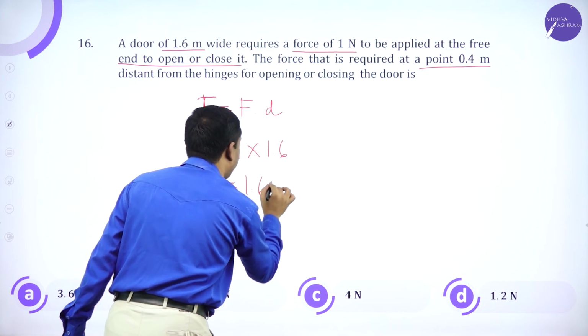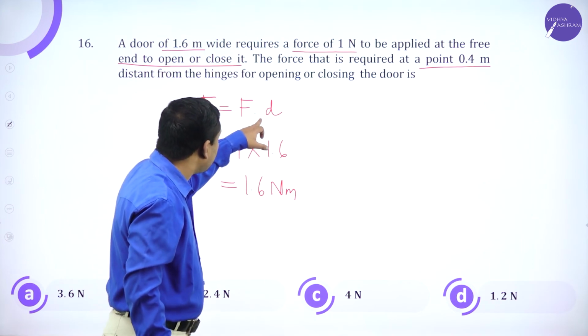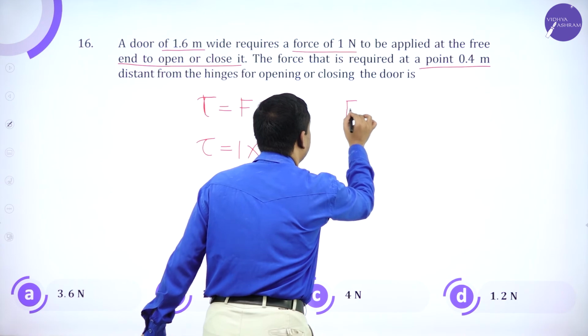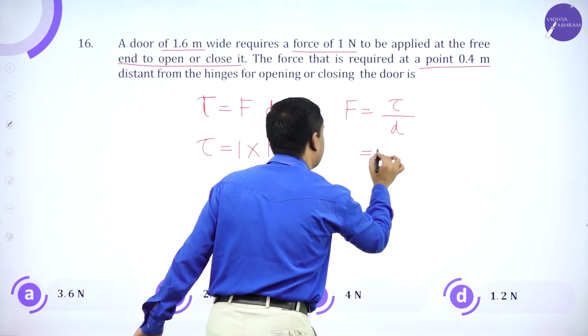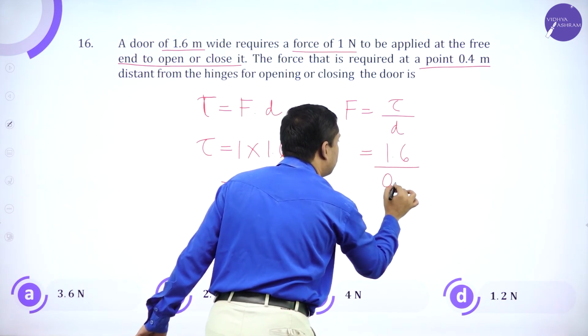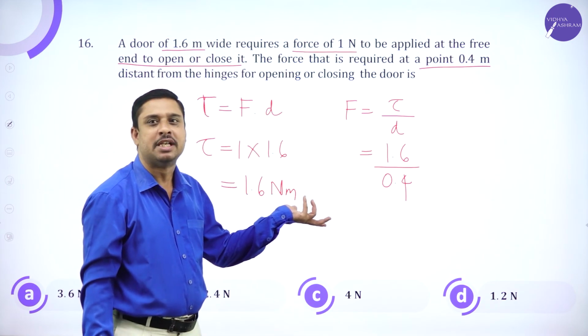So it is 1.6 Newton meter. From the same expression, now I want force. Force is torque by distance, 1.6 divided by, now the distance is 0.4. Simplify, 4 Newton is the answer.